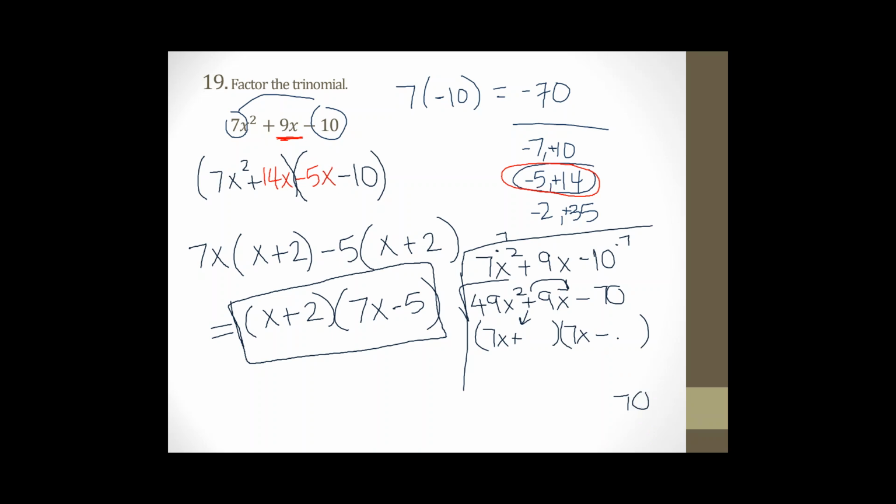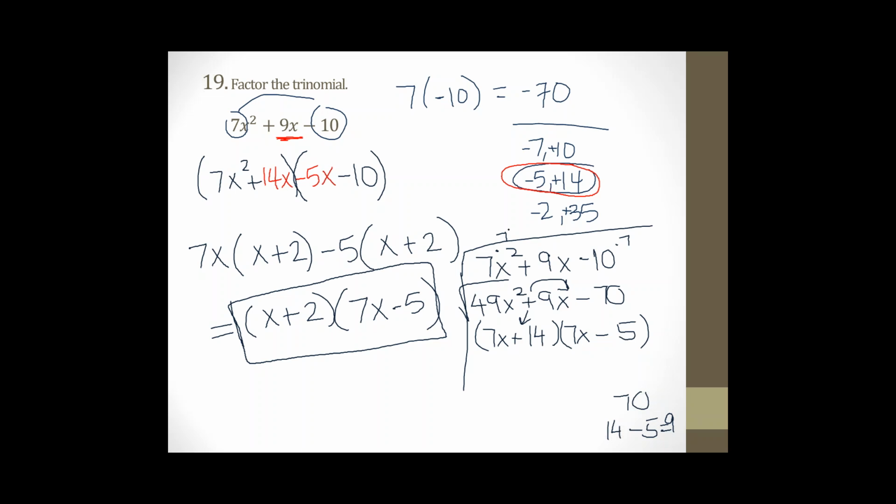Different signs again, so the factors must subtract to give you the middle number, 9, and in this case you have 14 and 5. 14 times 5 is 70 and 14 minus 5 is 9.